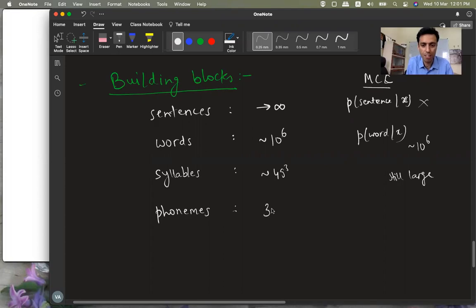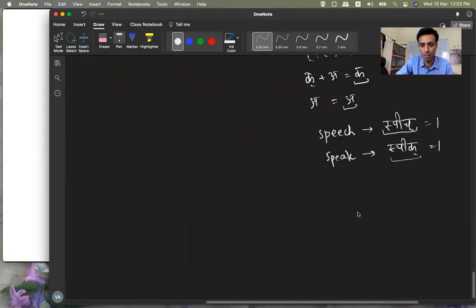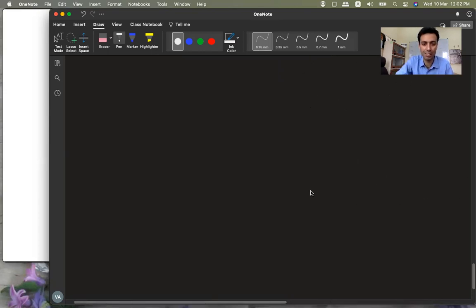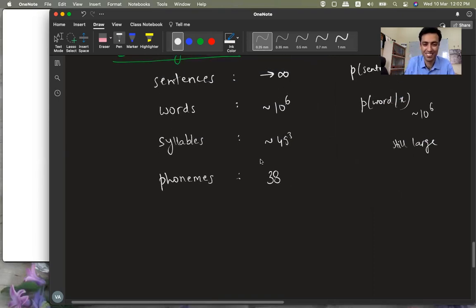I don't know. It will not be 45 exactly because there are letters like ksha. Ksha is a combination: half ka plus sha plus a. So I don't know how many phonemes, something of the order of 45, so maybe 38. Okay, so 38 phonemes are there.